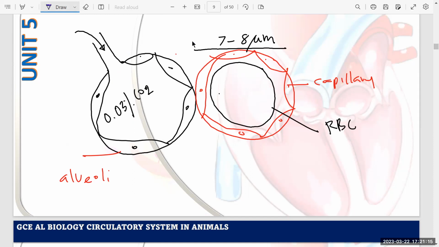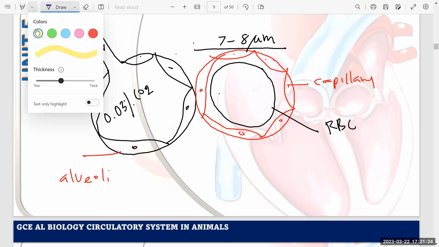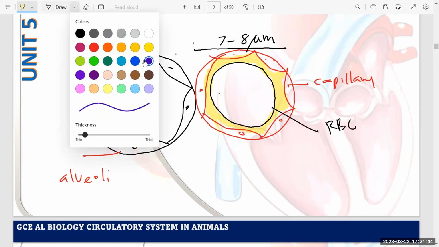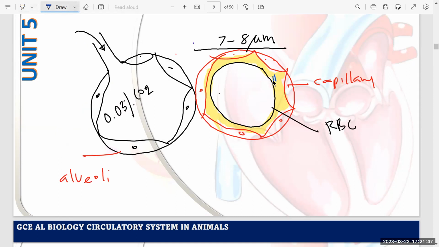Right. Now, what's going to happen? The bicarbonate ion. Where is the bicarbonate ion? It's in the plasma, the liquid part of the blood. I can use the yellow color to represent the plasma. Now, bicarbonate ion can go into the red blood cells.